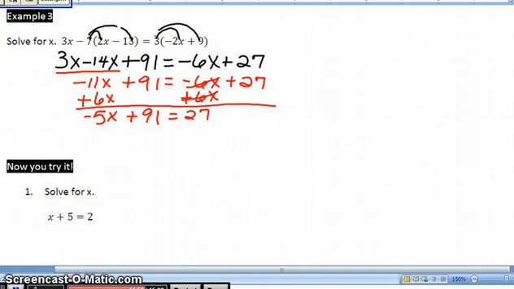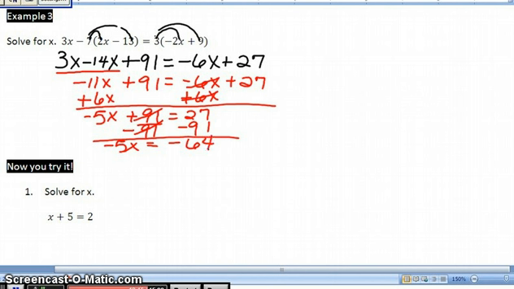Next, I need to eliminate this positive 91, so I'm going to subtract 91 from both sides, and I'm left with negative 5x, positive 91, negative 91 cancel out. This equals negative 64.